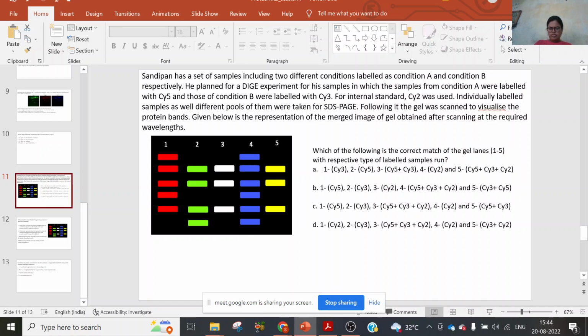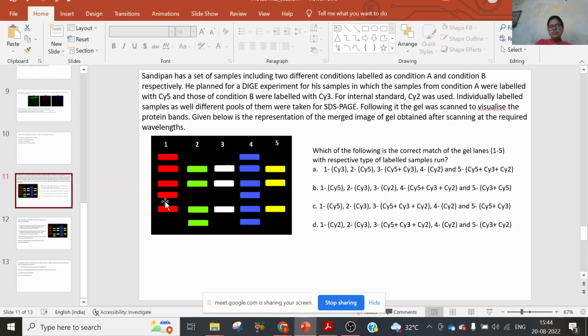Some people in the chat are saying it's option D. Okay, option D. Okay, so the correct option is C.